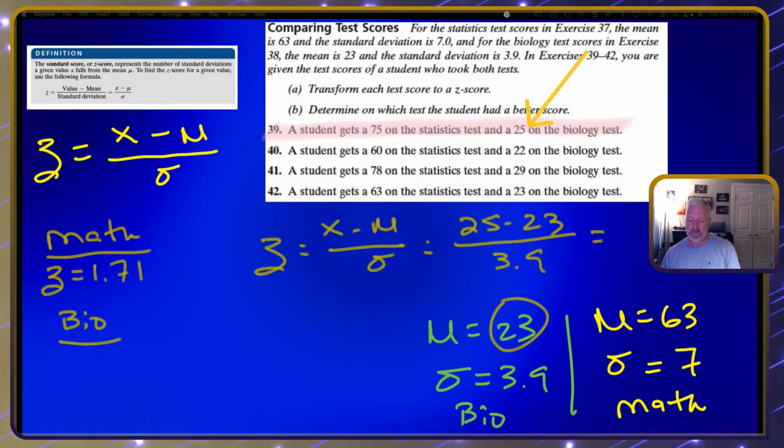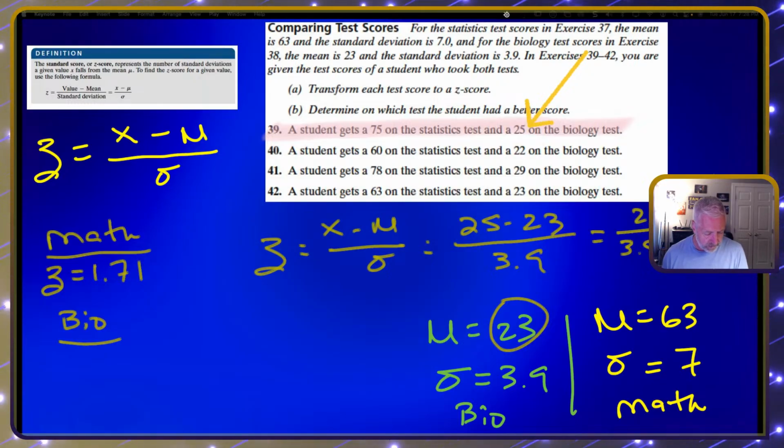All right. 25 minus 23, I can do that in my head. 2 divided by 3.9. I want to get a bit exact. So I got 0.51. I'll just do it to 2 decimal places. So 0.51 is what I've got. So for bio, the z-score is 0.51.